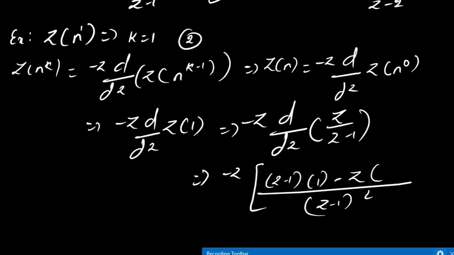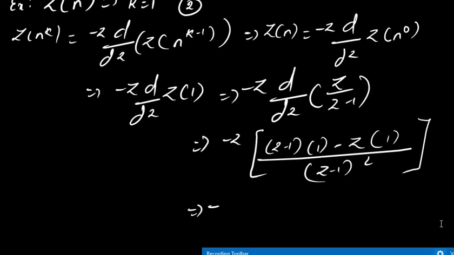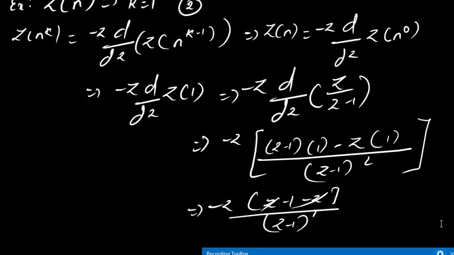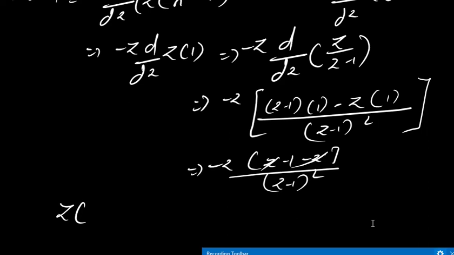Z into differentiation of z minus 1 is again z. So we are left with minus z, z minus 1 minus z. So they get cancelled with each other, divided by z minus 1 the whole square. So ultimately Z transform of n is nothing but z by z minus 1 the whole square.